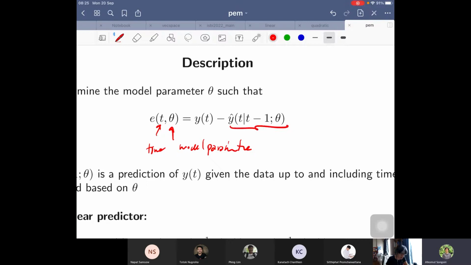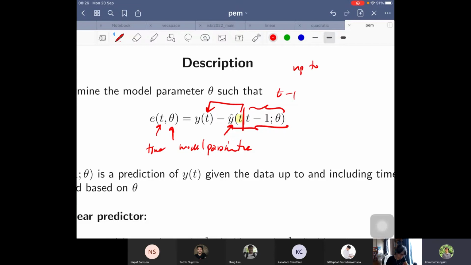If you use the notation y hat of t given t minus 1, that means this is a prediction of y at time t with the conditional notation. It means that this y hat can be computed based on the information up to time t minus 1.